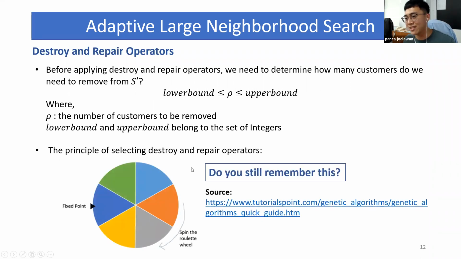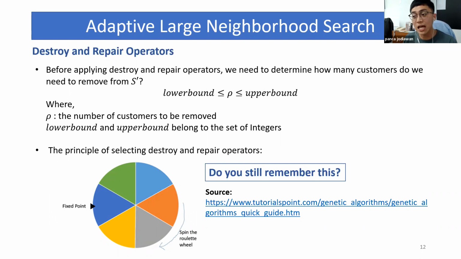I think some of you have seen this in genetic algorithm. We call it roulette wheel. But in the genetic algorithm, the roulette wheel is used to select which individuals need to be selected.